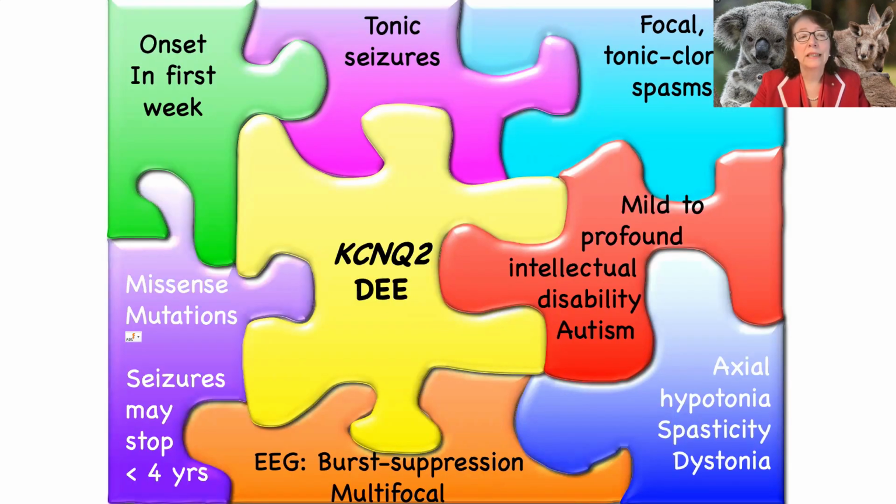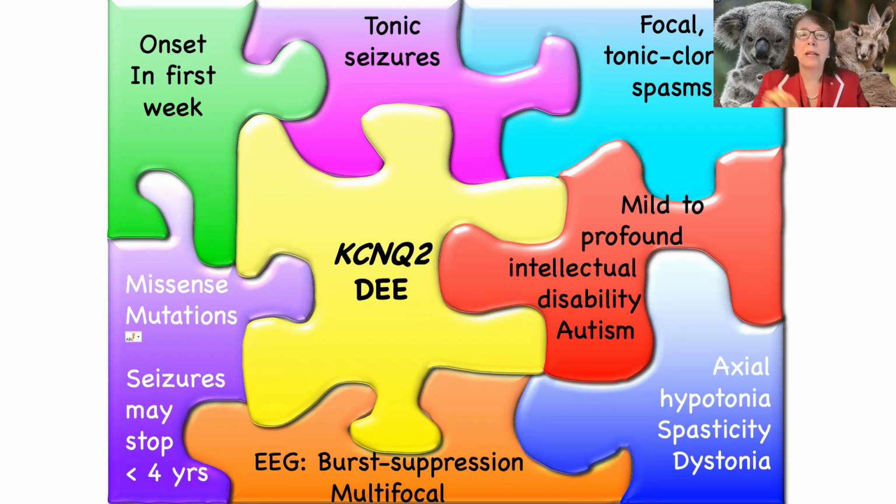And then obviously for KCNQ2 developmental and epileptic encephalopathy, you have to have an abnormal variant, a mutation. We now use the term pathogenic variant, but it means the same as mutation. And they usually have a missense mutation, which means the genetic code has just got the code wrong, typically by just one letter, and you get the wrong amino acid, which is the building block of the protein.